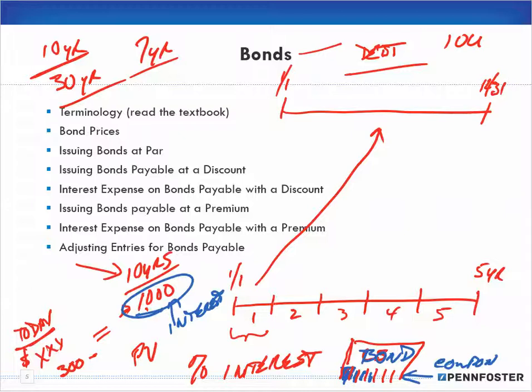If you used all of your coupons, then at the end of the 10 years, you would only get the $1,000 back. So you have flexibility as to whether you want to collect the interest right now or in the future. So that's kind of how bonds work.